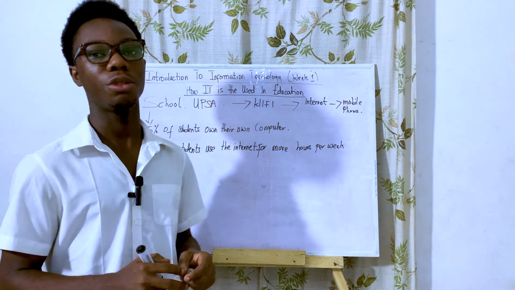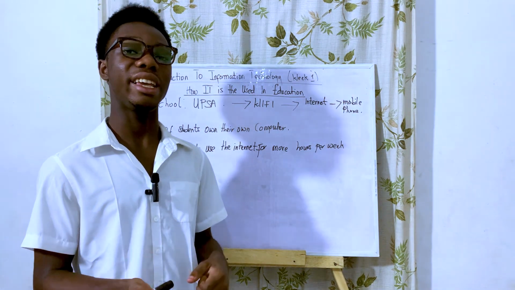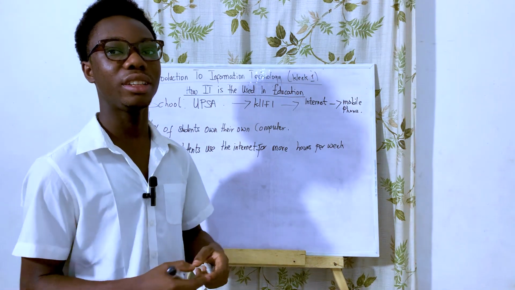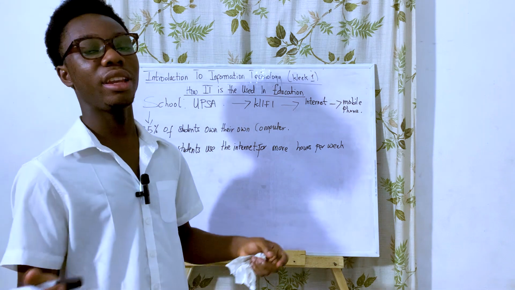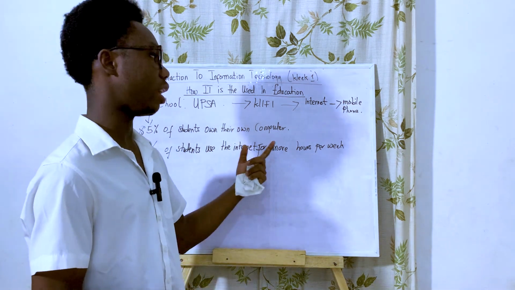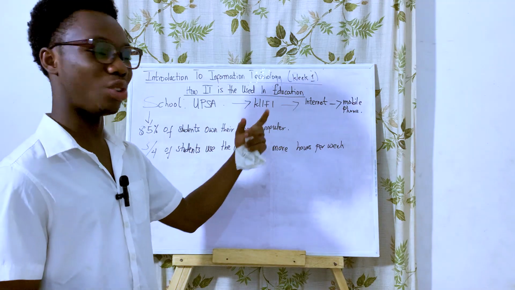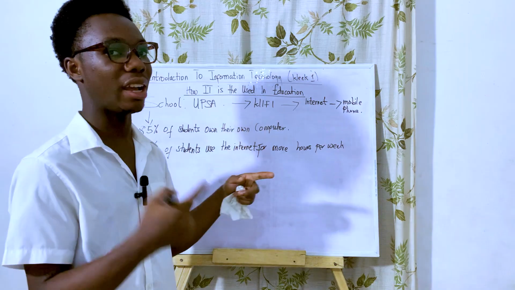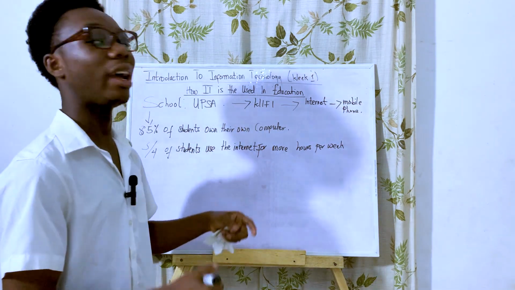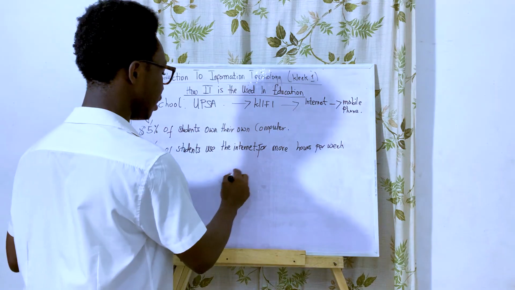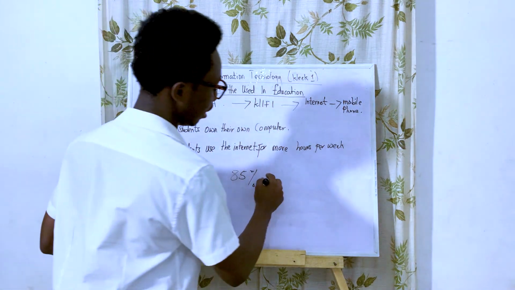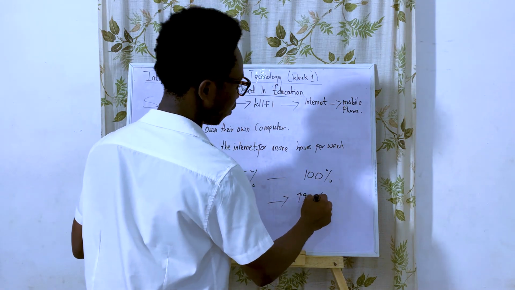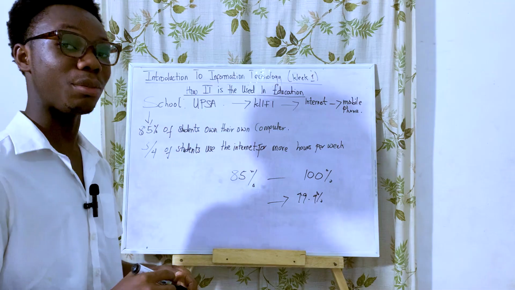Because of the internet nowadays, especially AI, we use the internet or AI to study without even having a teacher by our side. There are so many online courses out there you can study, or you can watch videos on it so that you get your skill, or you get some kind of idea about the course. The book says 85%, right? But I will say 99.9%, because now the use of AI is becoming serious.